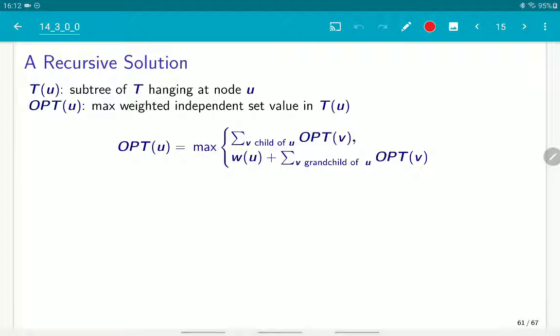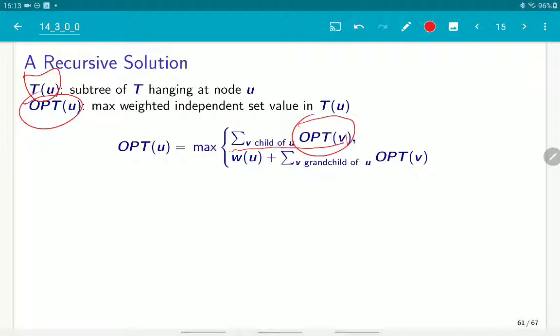You take the node U, we want to compute T of U, the tree rooted at U. We want to compute opt of U, which is the optimal maximum independent set. And now for opt of U, we have two options. Either we don't take U into the independent set, and then we just have to go over every child and ask for the optimum value.